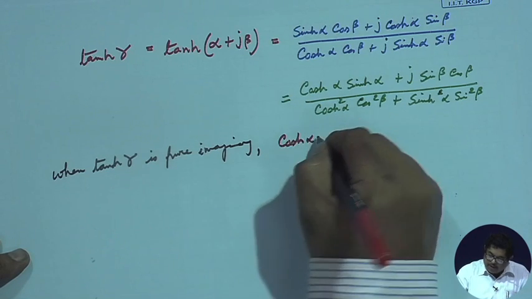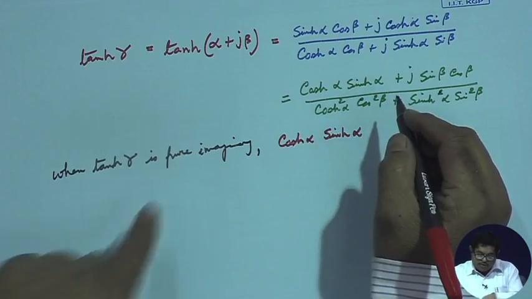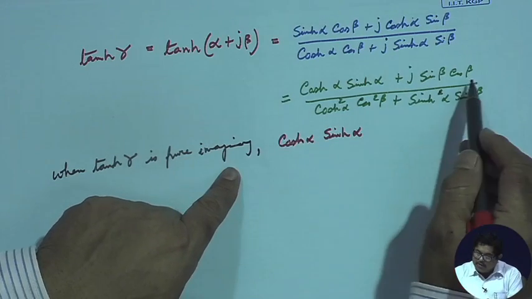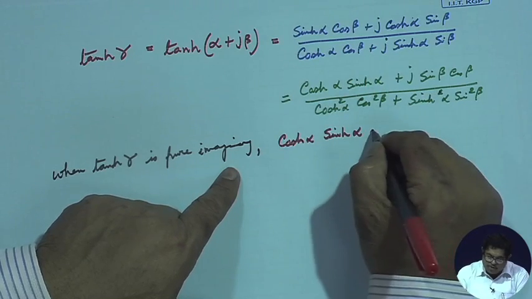So, tan hyperbolic alpha to be imaginary, I require that this part, cos hyperbolic alpha sin hyperbolic alpha, should go to 0.